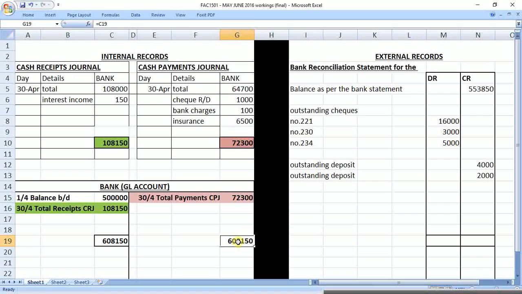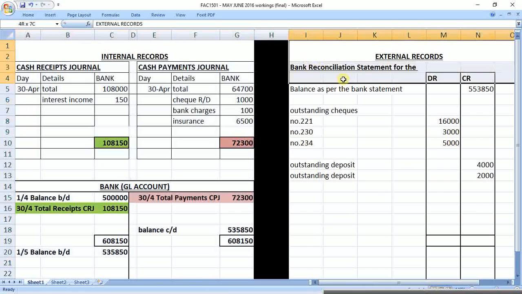It's minus the 7,000. Minus that. Gives us the balance that we're going to carry down. Balance carry down, and next month is May, 1/5. Balance brought down. Do you agree? Yes.